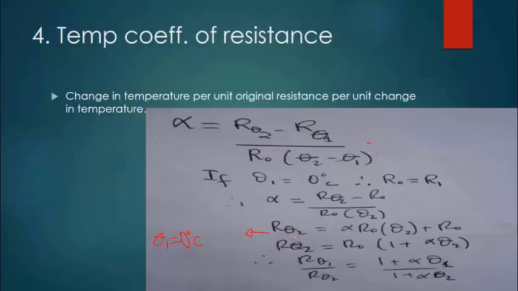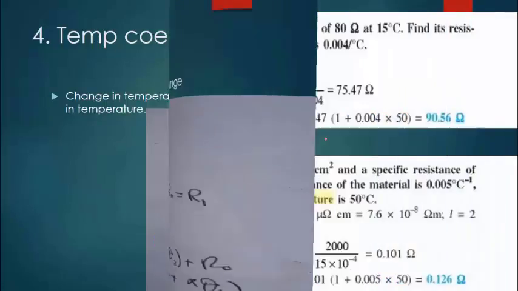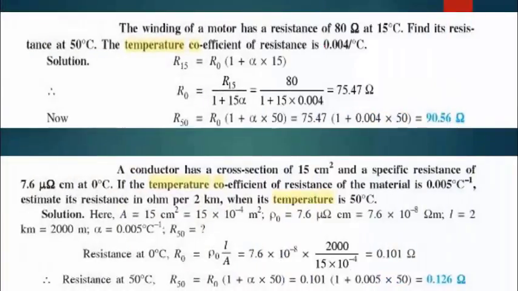So this equation is only valid when the initial temperature is 0 degrees centigrade. Therefore, even the resistance at theta 1 is the resistance at 0 degrees centigrade. So there are two approaches of solving this question. So I'm going to write the first approach here and the second approach here.